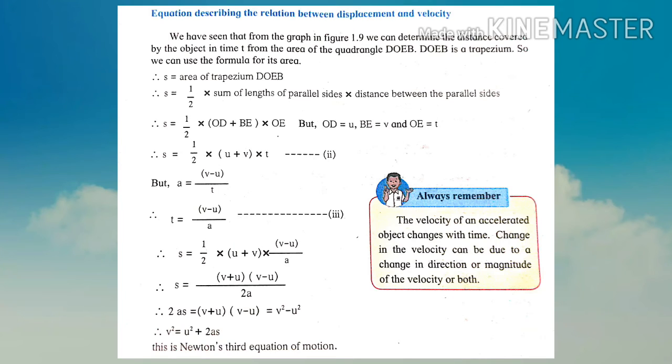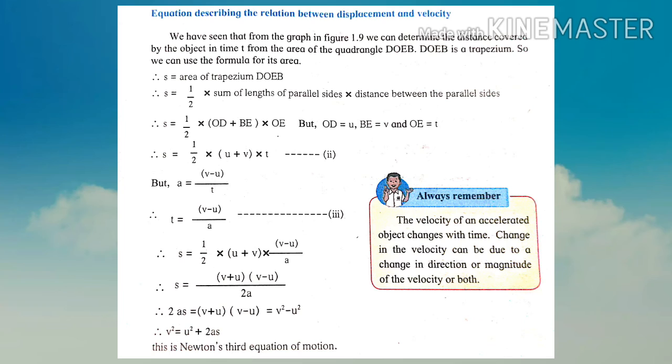Now the third equation is proved with the help of the graph. Here we only find the area of quadrilateral DOEB directly, and the third equation of motion is obtained. s means the area of trapezium DOEB, that is s is equal to half into the sum of the lengths of the parallel sides into the distance between the parallel sides.